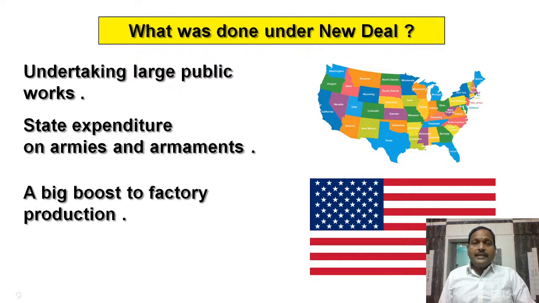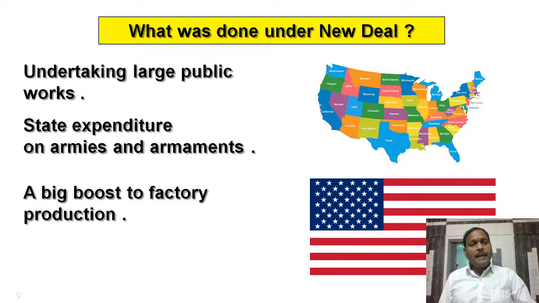Next, at that same time, there was a big boost for the factories because the Second World War broke out at the time, so there was a high demand for armaments. So they had to export the armaments to the Western countries, that means the European countries, and make money with the armaments.